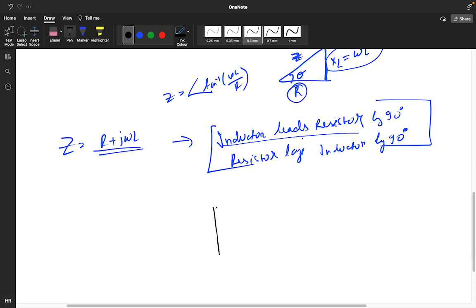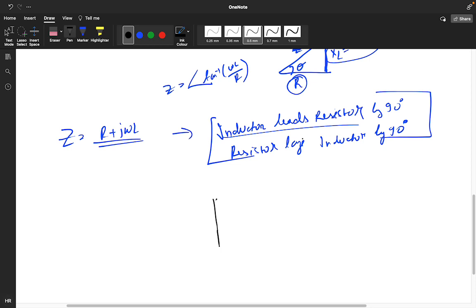In an AC circuit we have two different powers. One is real power and another is reactive power. Make this diagram. This is VL, this is your VR, and theta is coming.